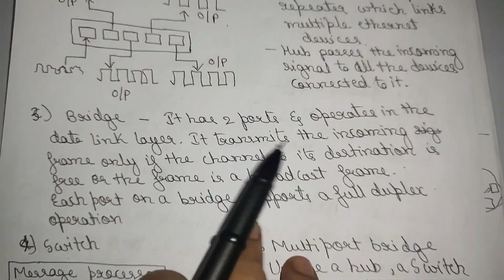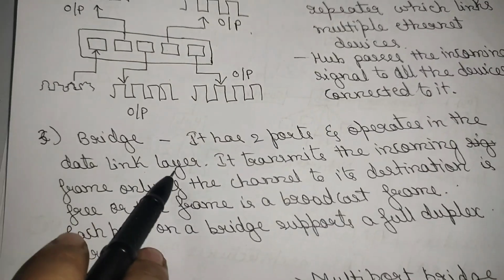And bridge: it has 2 ports and operates in the data link layer, whereas the repeater and hub are at the physical layer.